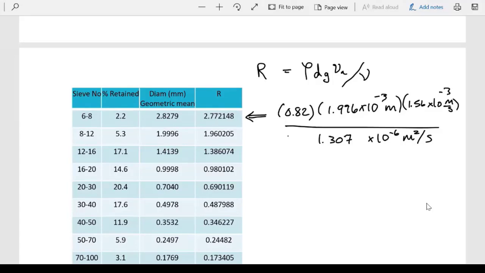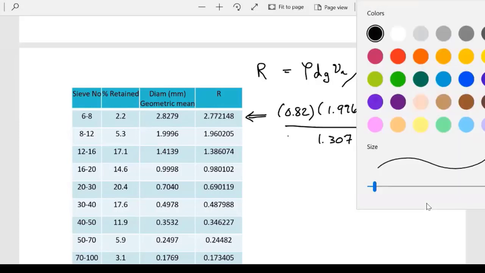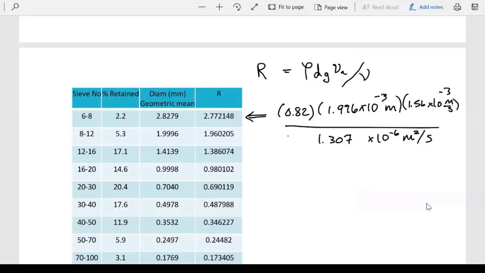We've got the approach velocity that we've calculated and the viscosity for the temperature that we were told to use. So we've calculated R for the first set of data. Just make sure that we're good here.